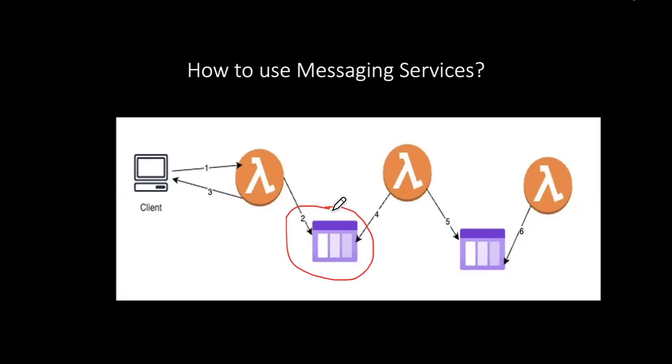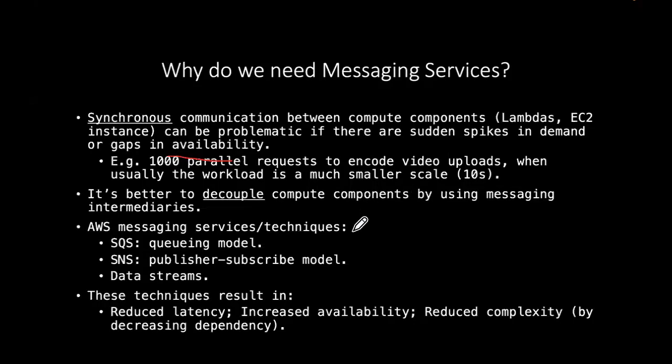So the SQS service will hold on to messages in case a particular consumer, as it's called, doesn't request messages over a period of time, i.e. it's unavailable for whatever reason. Availability, increased. Well, it's not so much increased availability, but if something is unavailable for a short period, that's not a problem.